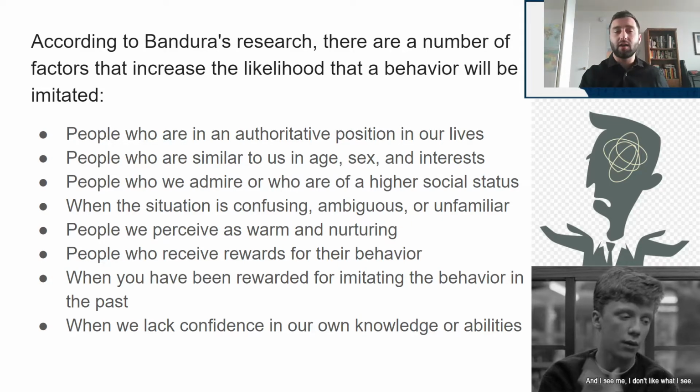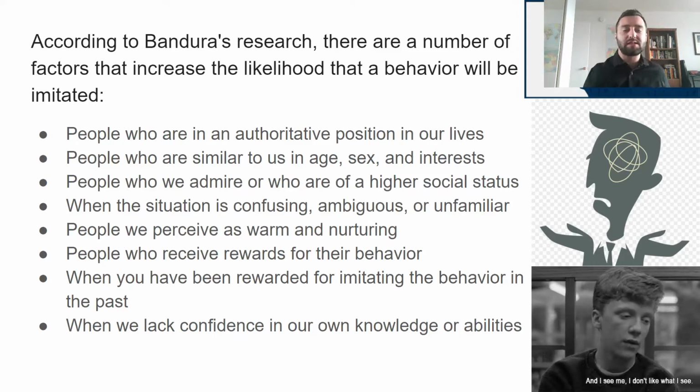People who we admire or who are of a high social status. So someone who's popular or who we look up to. When the situation is confusing, ambiguous, or unfamiliar. For example, I always think of this one when kids show up to school. It's not uncommon to get partway through the school year and have a new student in class.